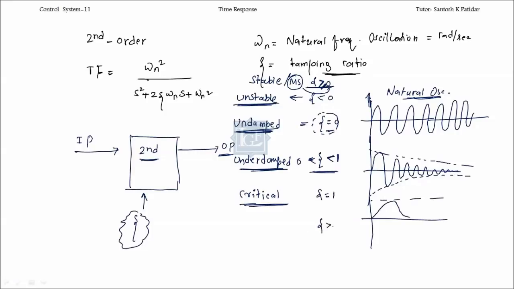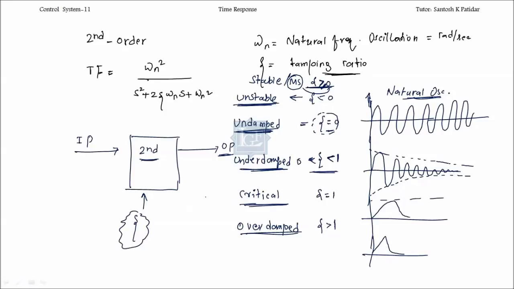Then we have seen zeta is greater than 1. This was the case of overdamped system, correct? And the output, if I draw for the overdamped system, it will be like this. Okay, soon it will die out, correct?